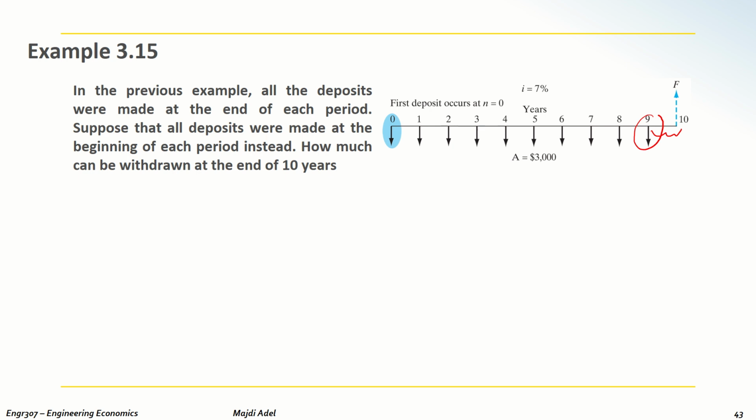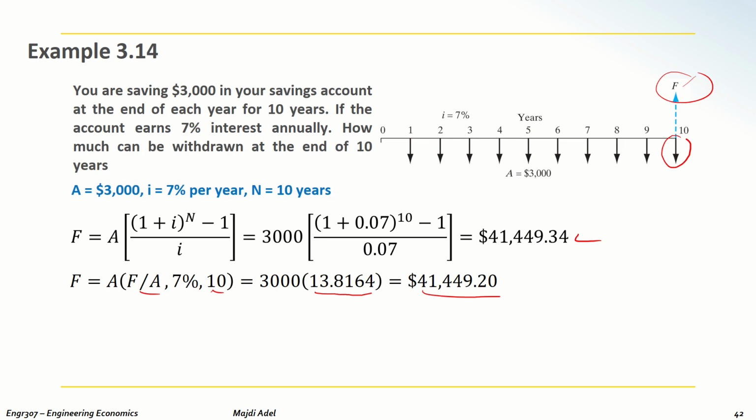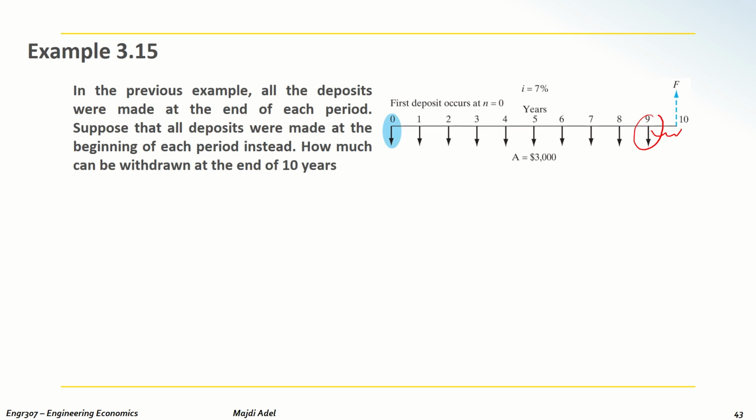How to solve this problem? We can solve this problem in the short way and the long way. In the short way, we are going to use the answer from the previous example and solve the problem. Note that this cash flow isn't in the standard form of a uniform cash flow, since at n equals 0 there should be no transaction.